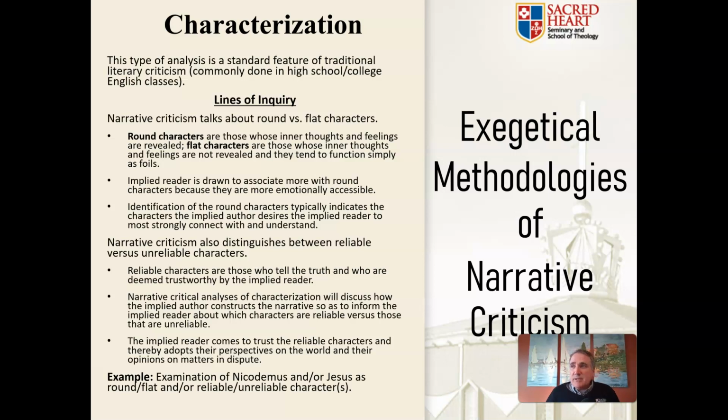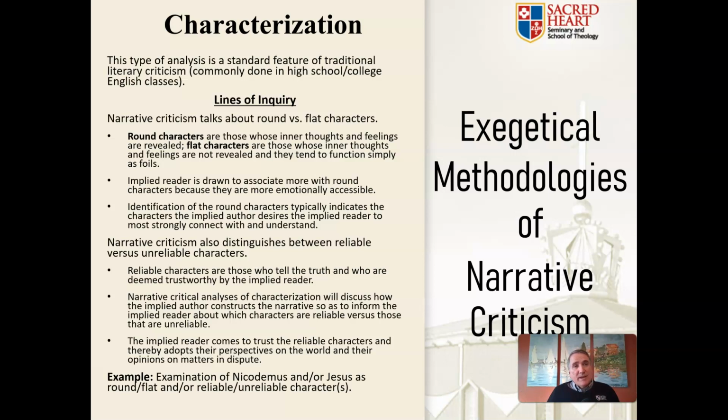Then, therefore, would Nicodemus be seen as a trustworthy character? Or maybe that's an open question. Is he a reliable character? And maybe that's one where we don't get the answer until chapter 19. That would be a narrative critical analysis. The implied reader does not get the answer to that question, so you could say it's ambiguous, if you can make that claim.